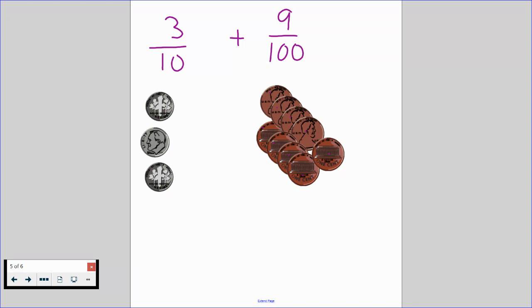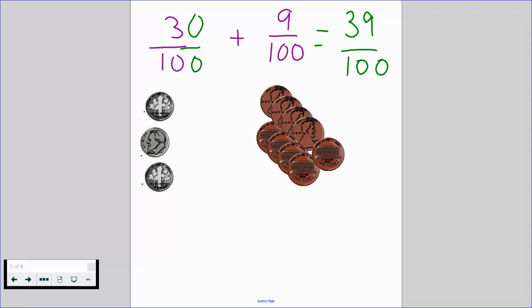And here's all you think about. 3/10, 3 dimes is 30 cents, or 30 hundredths. So now that you've turned the 3 dimes into 30 hundredths, you can complete your addition of 39 out of 100.